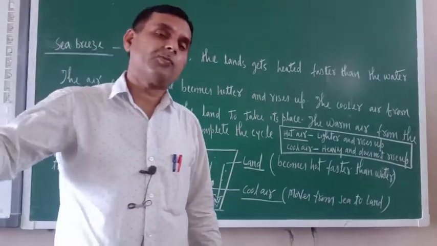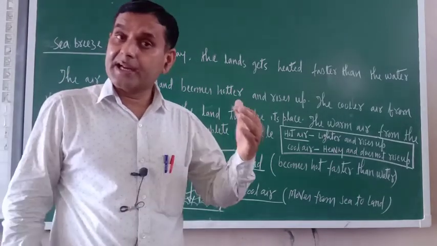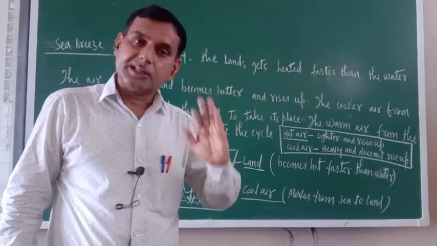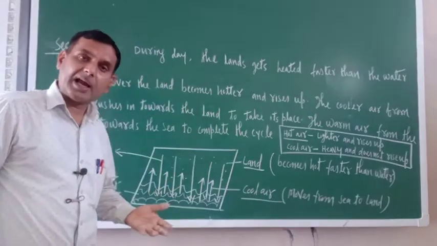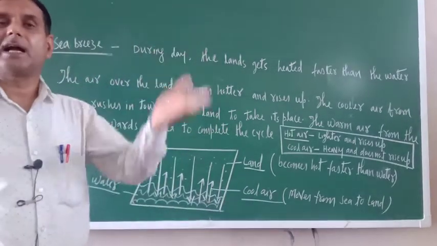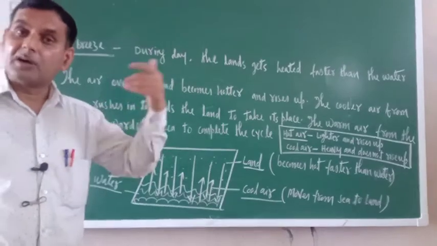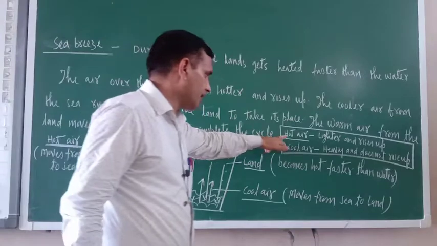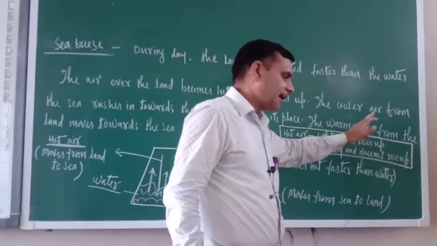As compared to water, land gets heated up. When the land gets heated up, the air near the land rises up, because hot air is lighter and rises up. I wrote here, hot air is lighter and rises up.